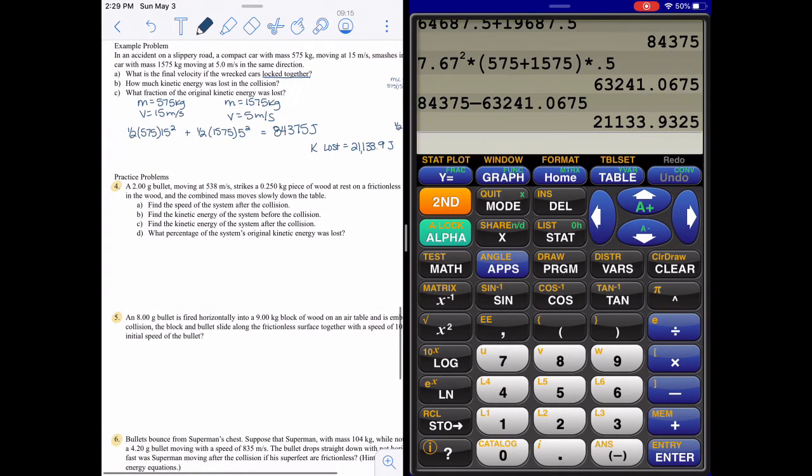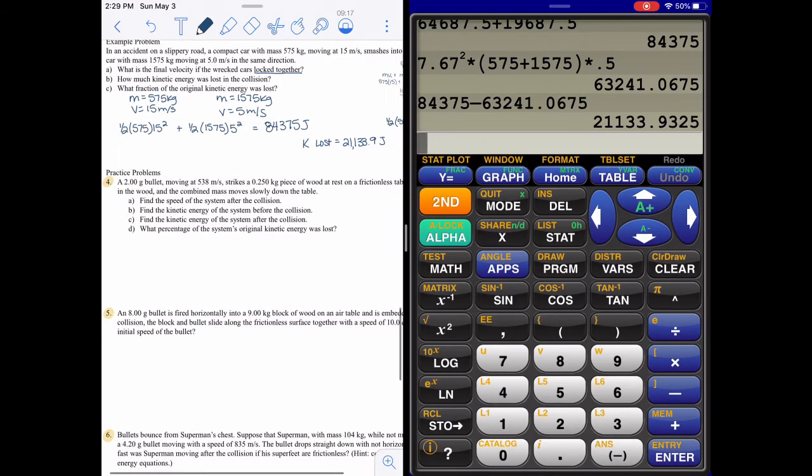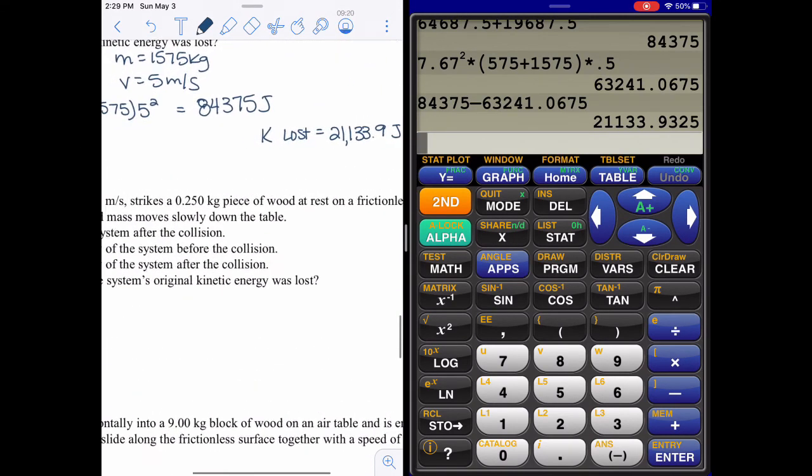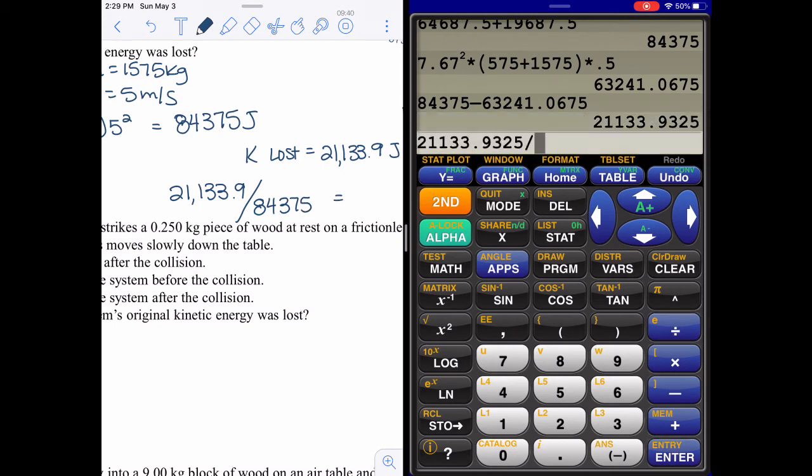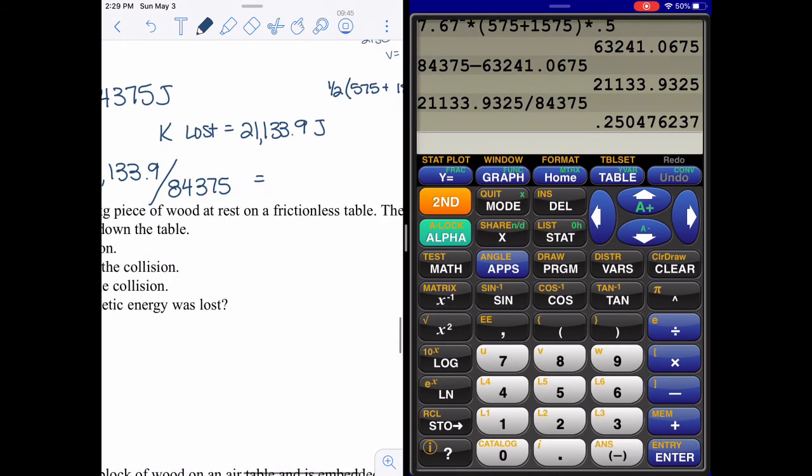Last question. What fraction of the original kinetic energy was lost? So now it's just a comparison. This amount lost divided by the amount that we started with. Thank you, calculator, for being super handy.